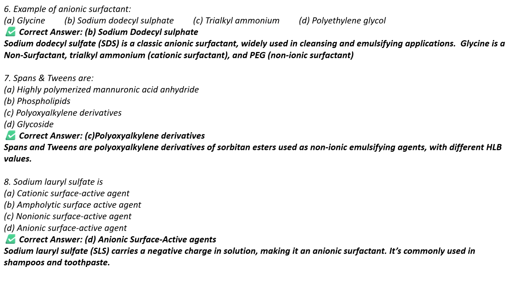Moving on to another question. Example of anionic surfactant is: out of the given four options we have to identify which one is an example of an anionic surfactant.